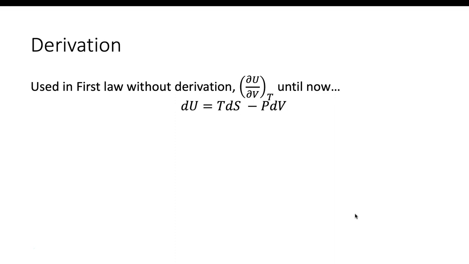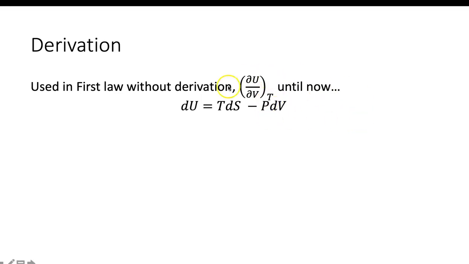And so let's see, what can we do with this? And actually, one of the reasons why we're going back to these Maxwell's relations is that back in first law, we used this equation for the dU/dV at constant T without a derivation, because it required Maxwell's relations, or second law and free energy, in order to derive it.